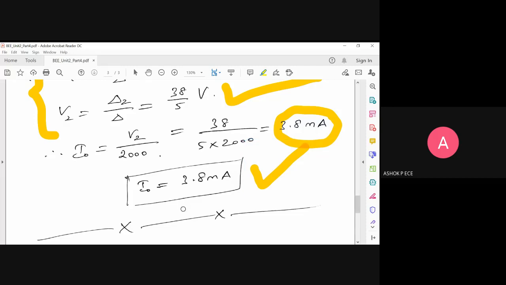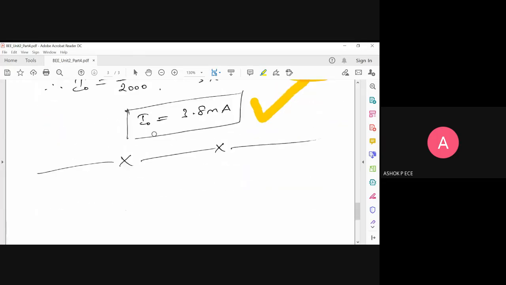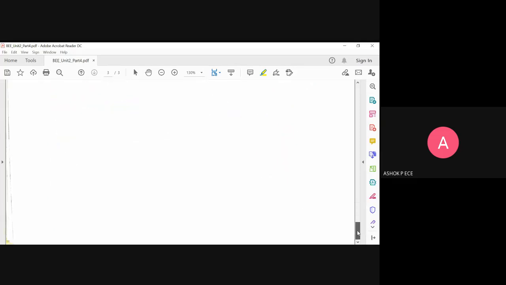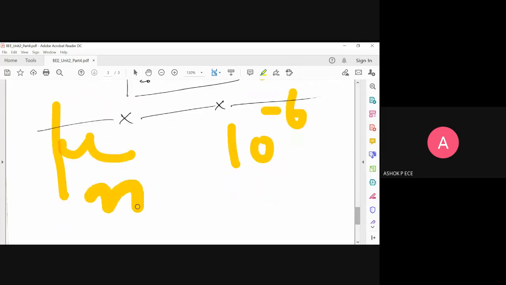What you told is also correct. The better way of writing it is in terms of milliamperes. Again, whenever you have more zeros after the decimal point, it is advisable to write in milliamperes. Milliamperes means 10 power minus 3. Micro is 10 power minus 6, and nano, with a small n, is 10 power minus 9. Mostly our currents will be in this range.